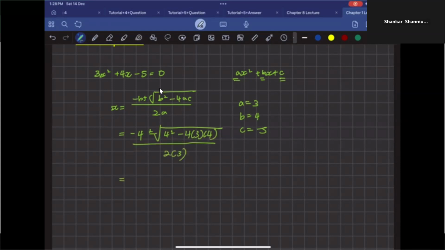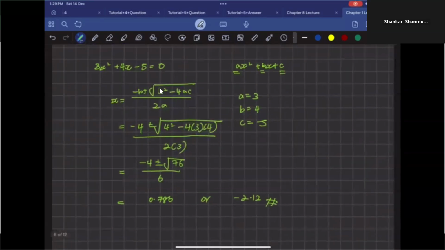Then if you simplify this, you will get minus 4 plus or minus root 76 over 6. Then you can simplify further and you will get x equals 0.786 or minus 2.12. So this is your final answer. This is how this works essentially.